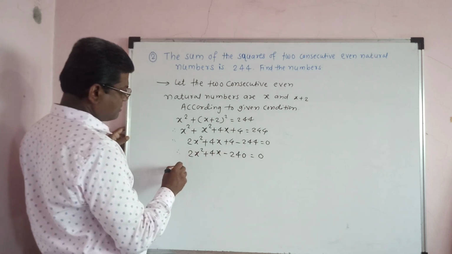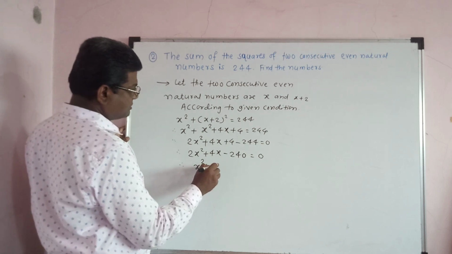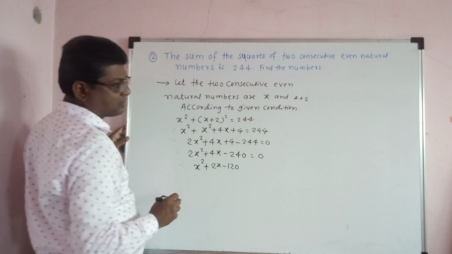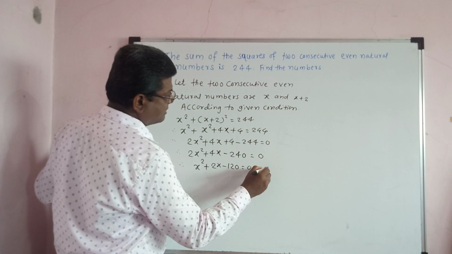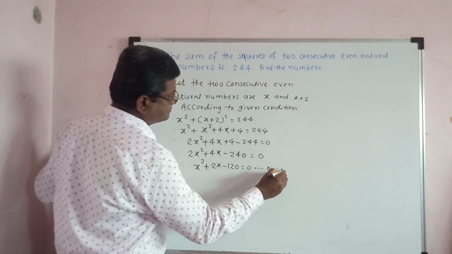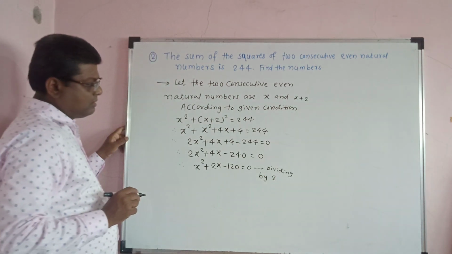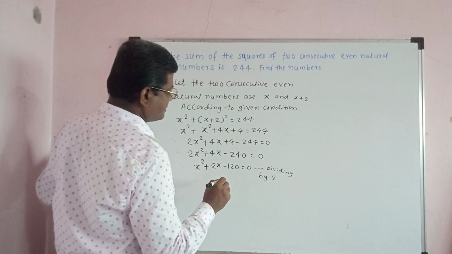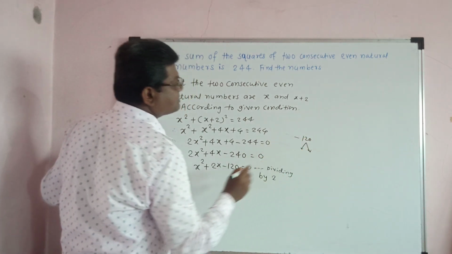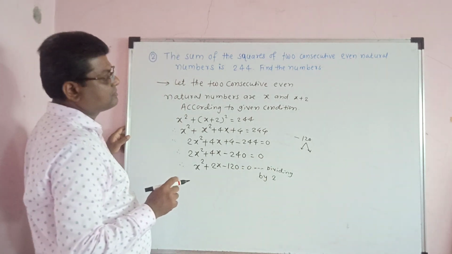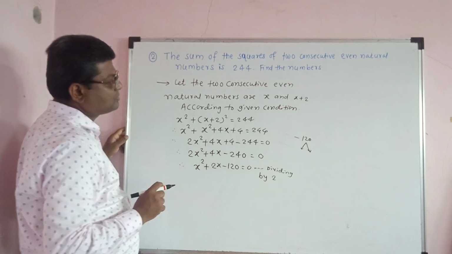Divide both sides of the equation by 2. Therefore, it will be x square plus 2x minus 120 is equal to 0. Now let us find the two numbers such that their multiplication is minus 120 and sum is 2.